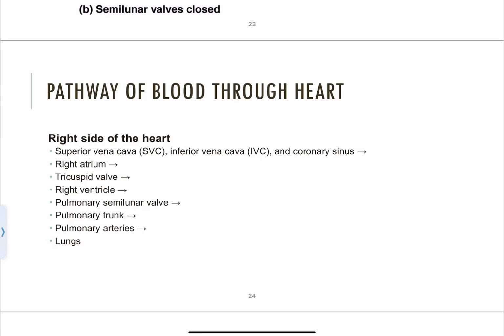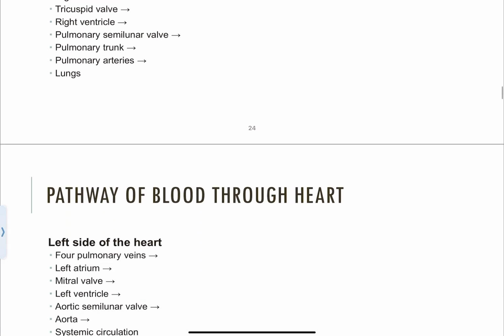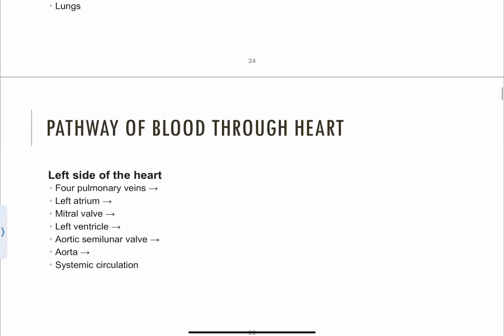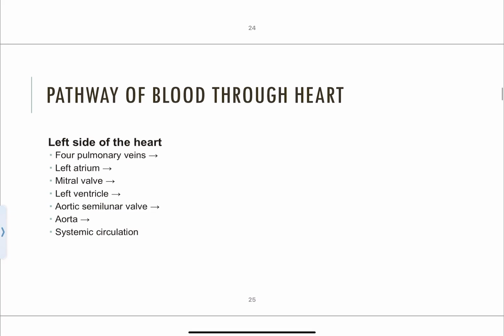Once it's in our pulmonary trunk, that low-level oxygenated blood is going to be carried to the pulmonary arteries and eventually our lungs, which are going to replenish the oxygen in our erythrocytes. So after we've replenished the oxygen in our erythrocytes, we send from our lungs the high-level oxygenated blood back to the left side of our heart.